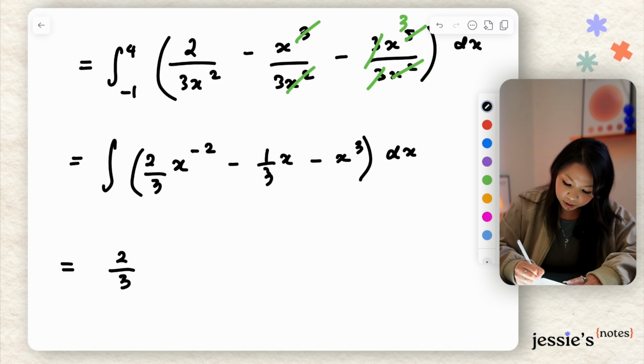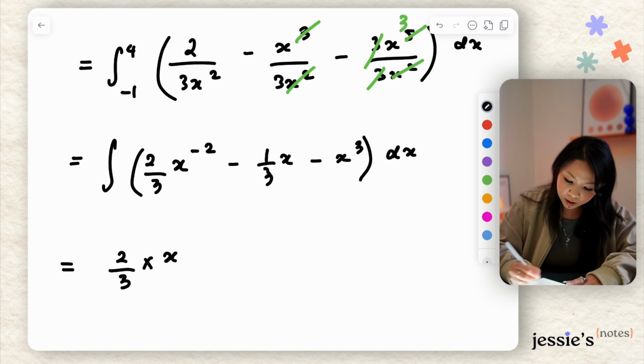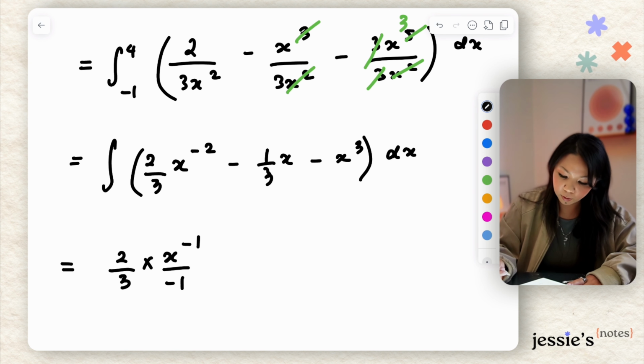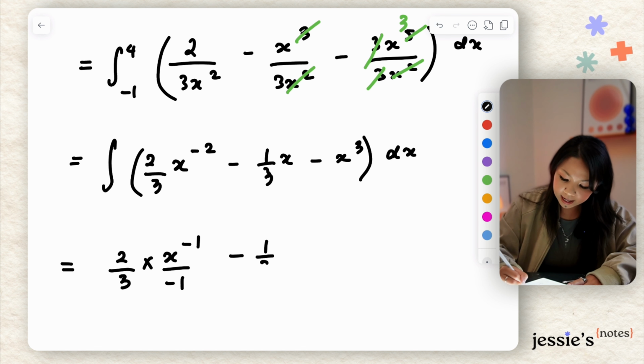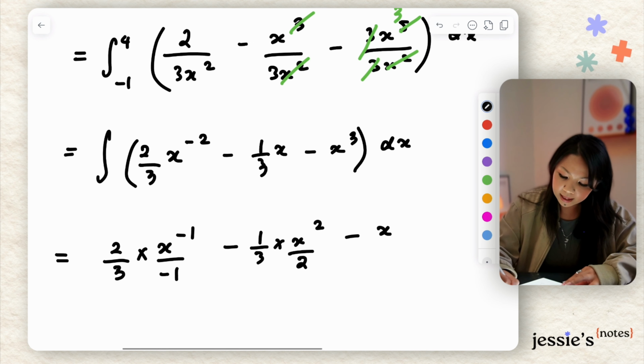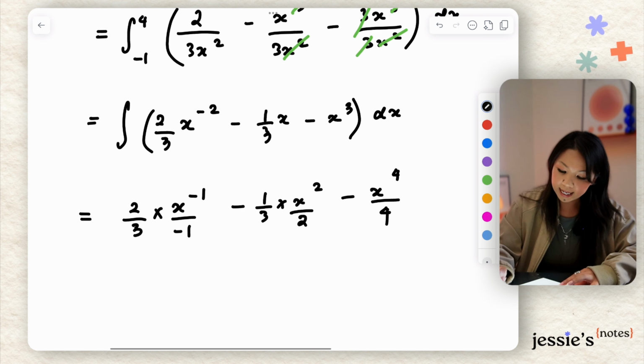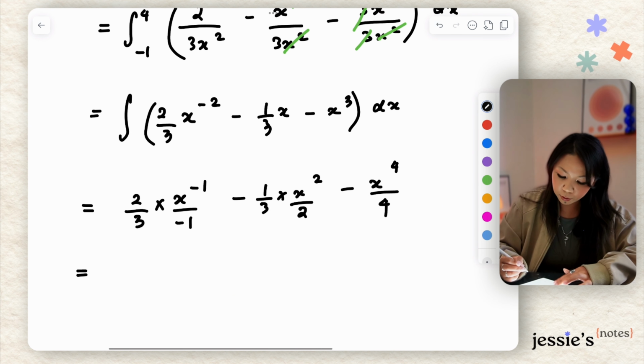So we get 2/3 times, when I increase this x power by 1, we get x to the power of -1 divided by -1. Next, if I increase this x by 1, we get x squared divided by 2. And then this increases to 4 divided by 4. Now I just need to clean this up a little bit.